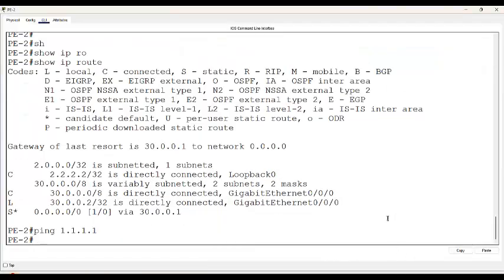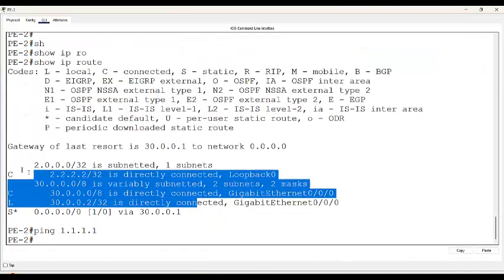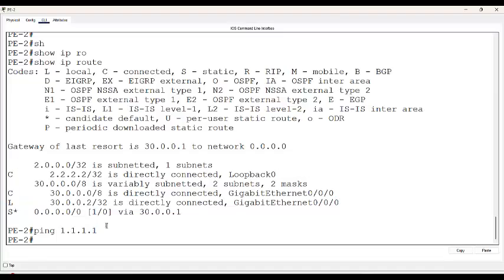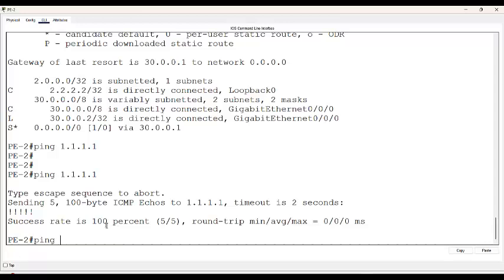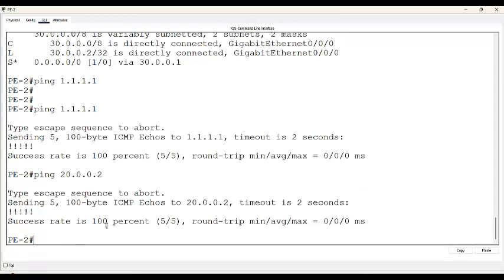PE2. Now, this guy does not know about 1.1.1.1, but when I ping 1.1.1.1, I'm able to ping. If I want to ping 20, this guy does not know about 20. That also I can ping.